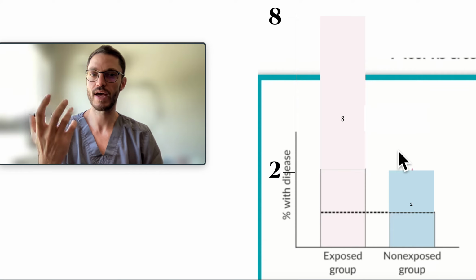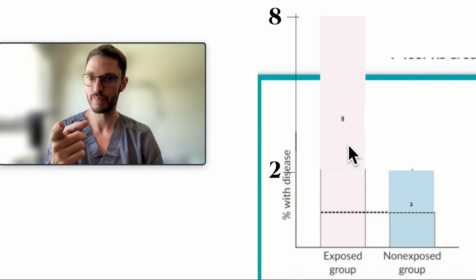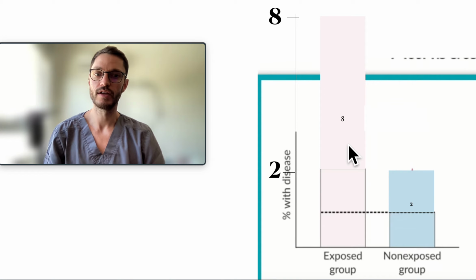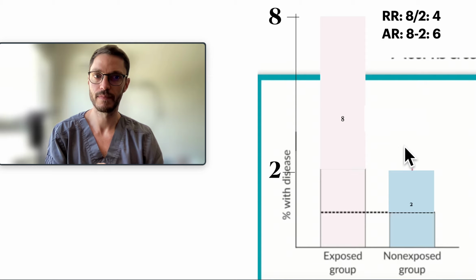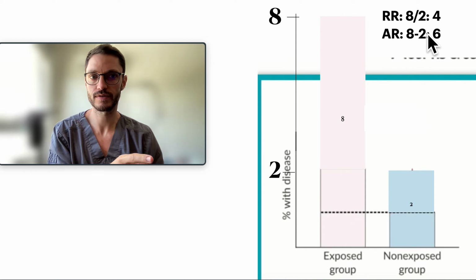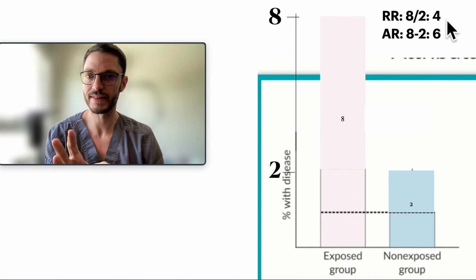And if I ask you to calculate the attributable risk in this example, what would you do? Pause the video. Yeah, that's it. You would do 8% minus 2%. So the attributable risk will give you 6. Which one of these two is unitless?